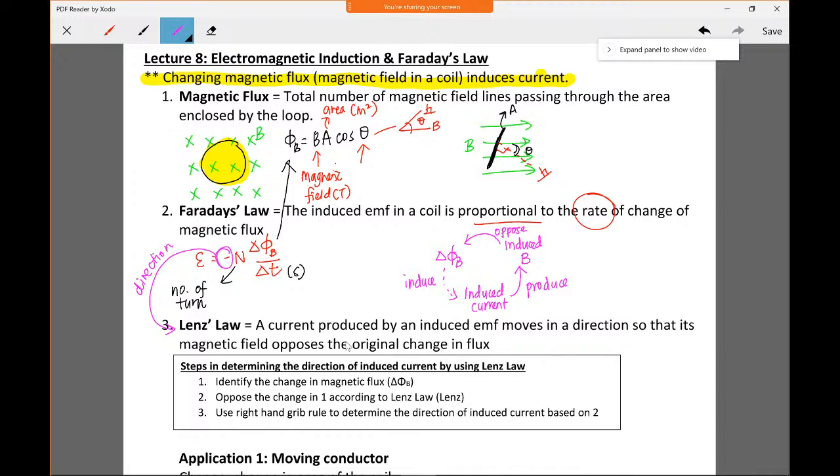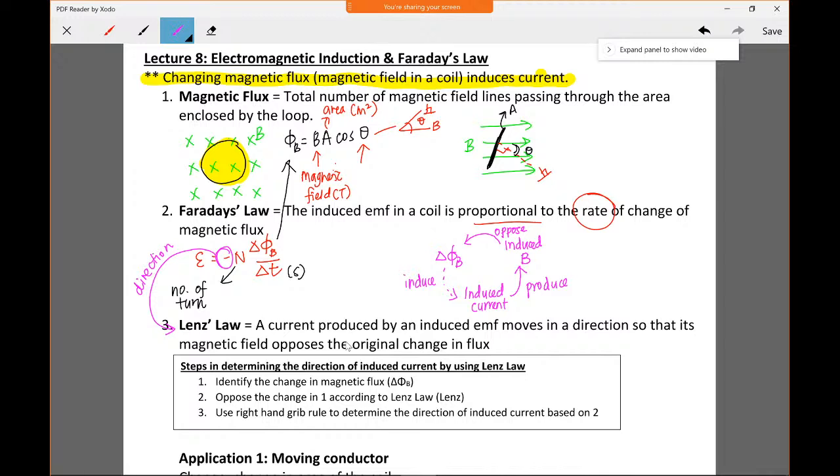So there are two types of magnetic field. One is the original magnetic field, which is changing. The second is the magnetic field generated by the induced current. How are they related? They have to oppose each other.